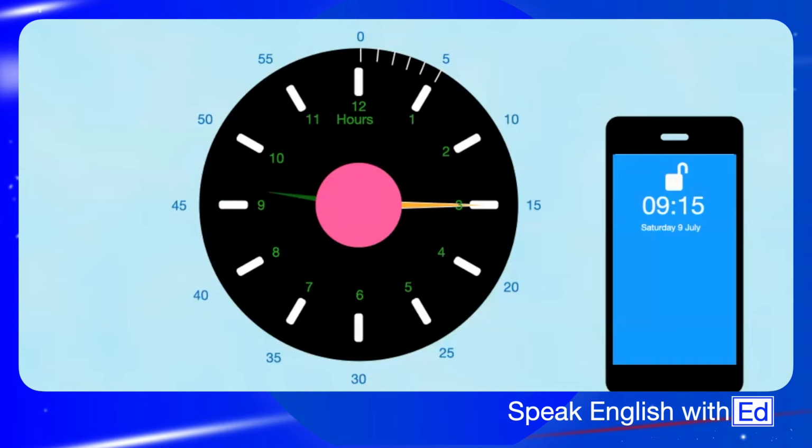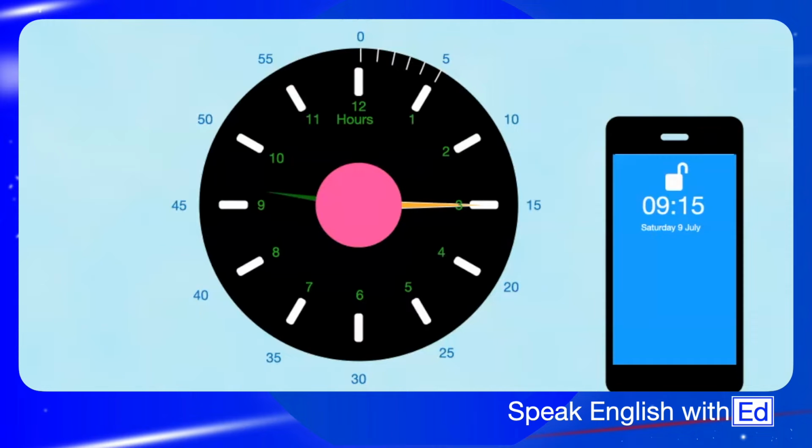So what time do you think this clock that we have here is telling us that it is? Well, the hour hand has gone past 9, but it hasn't got to 10 o'clock yet. So it's still 9. The hour hand is 9. And the minute hand is on 15, so it's 9:15.